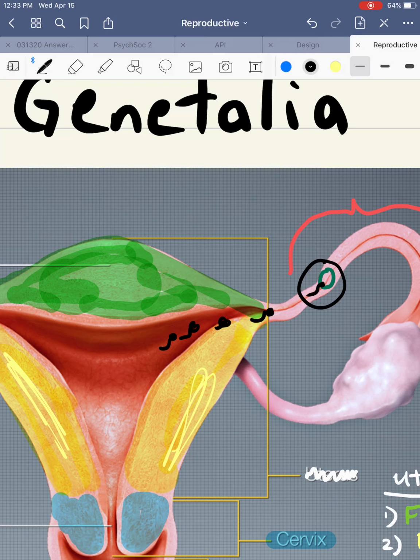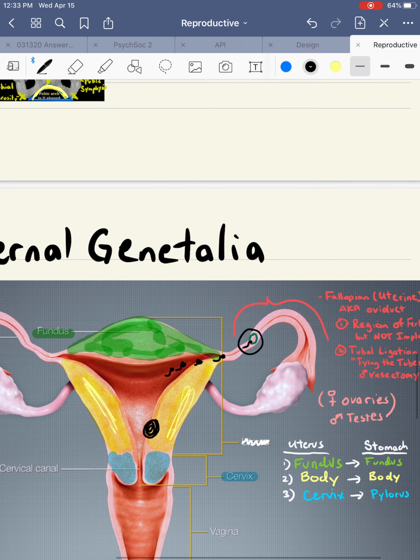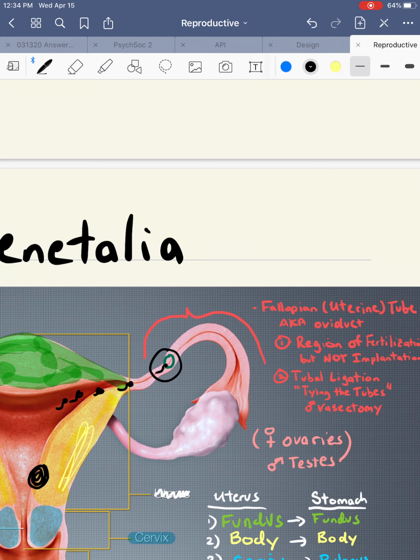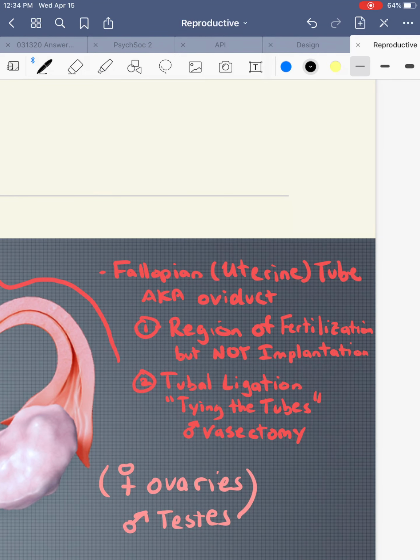And that whole implantation occurs right over here in the uterus. And I have this written for you over here. The fallopian tube is also known as the uterine tube, which is also known as the oviduct. They all mean the same thing. It's the region of fertilization, not implantation.